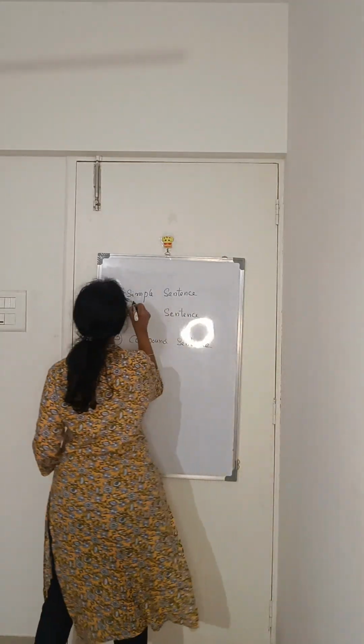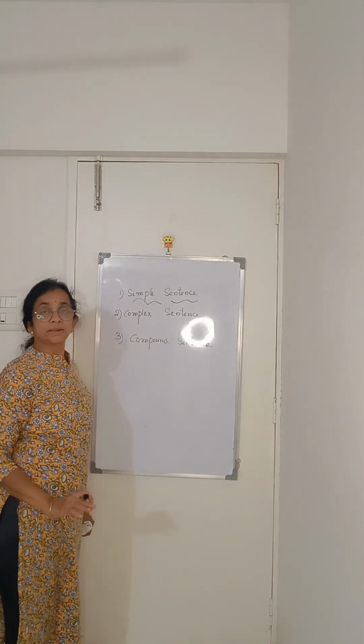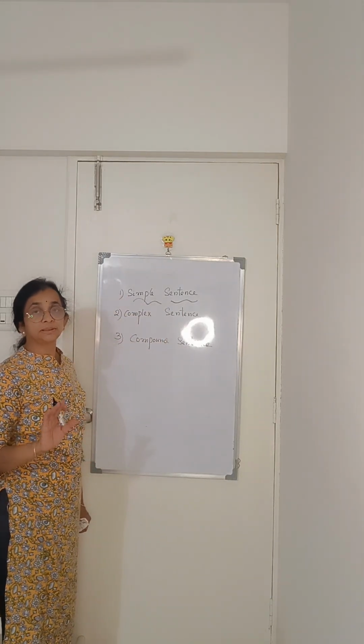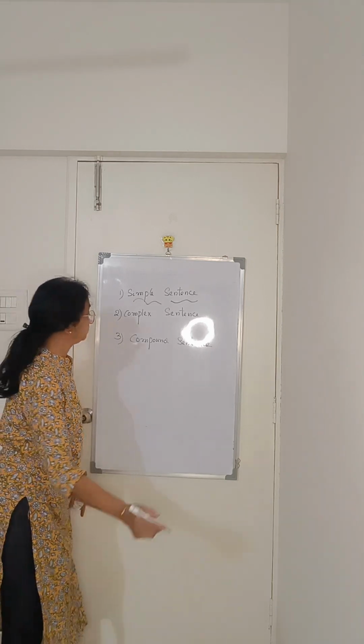What is a simple sentence? A simple sentence has one subject and one predicate. It has only one main verb.